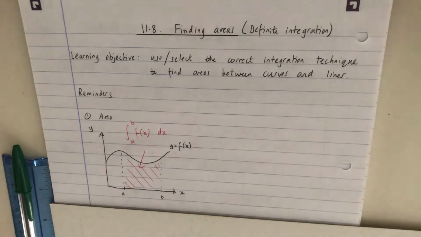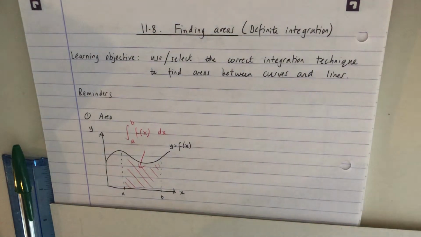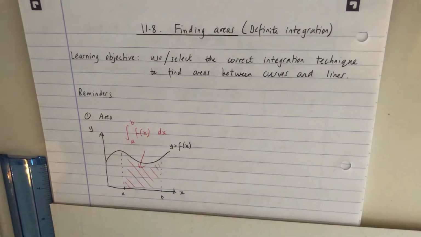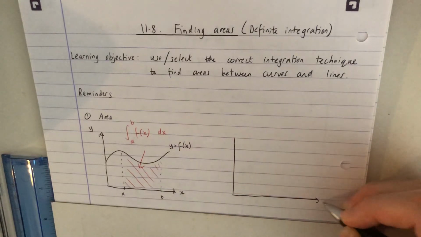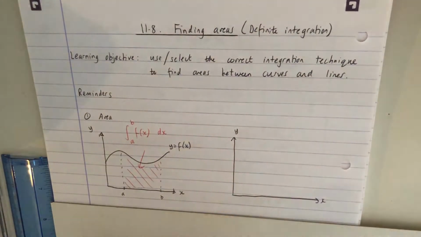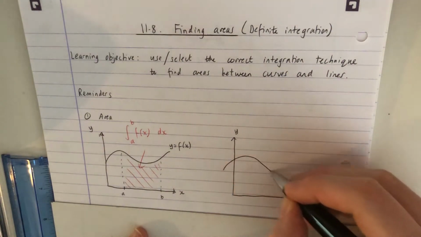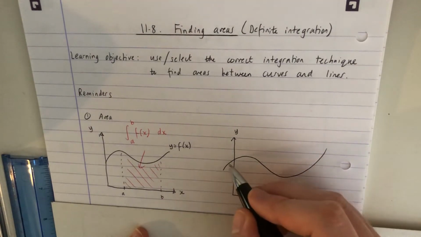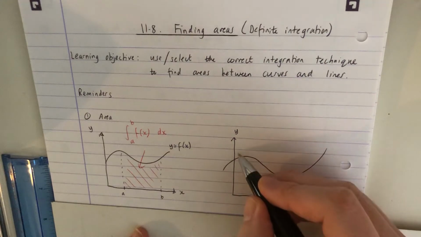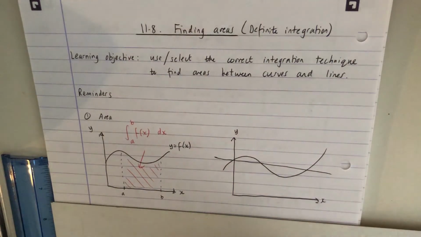Then secondly, imagine now another type of sketch, like so, x-axis, y-axis, but we've got two different curves. See that curve, and then let's have that straight line there.